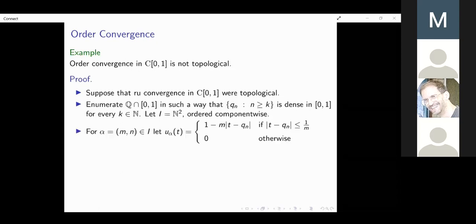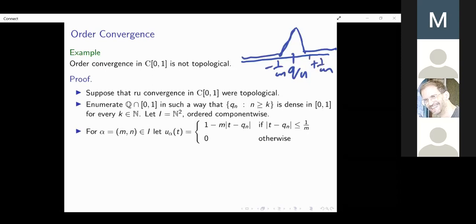Now we define the following function for a pair of natural numbers, alpha equals (m,n). We have this tent function. Let me just briefly draw a sketch. If there is q_n, then we make a little tent function like that, from minus 1 over n to plus 1 over n.